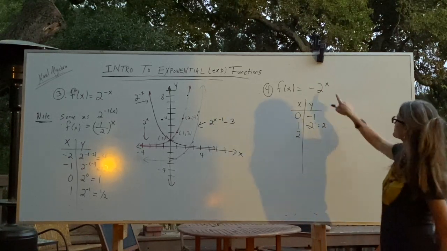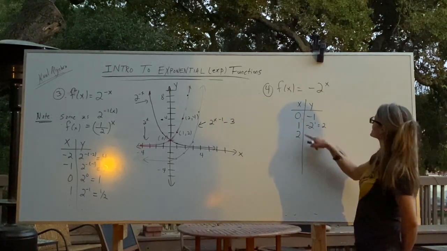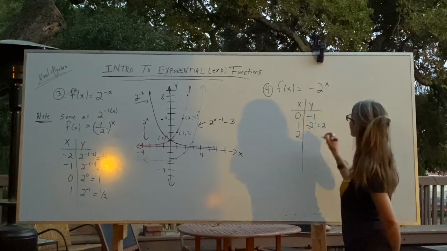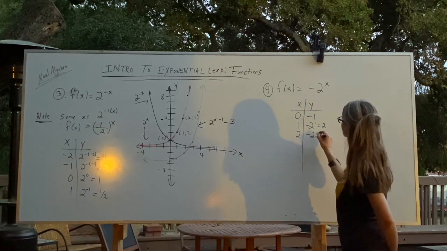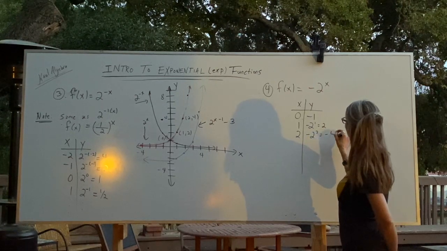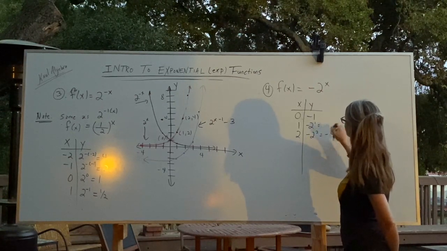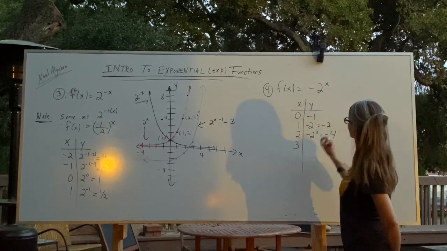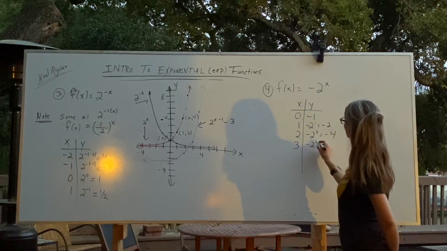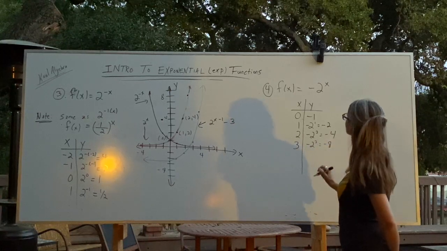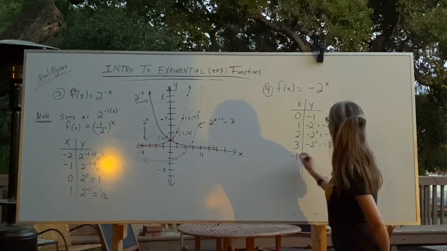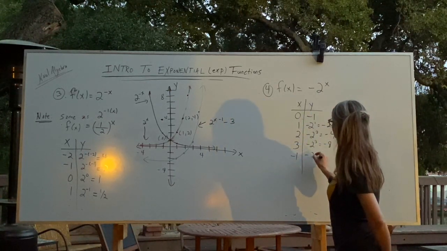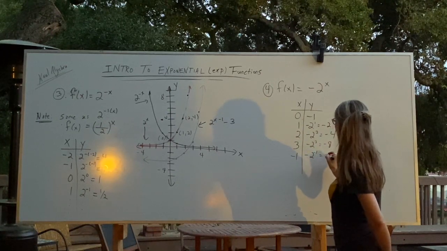If I put a 2 for x, I get the opposite of 2 squared, which is negative 4. If I put a 3 in here, I get negative 2 to the third, negative 8. If I put a negative 1, I get the opposite of 2 to the negative 1, which is negative 1/2.